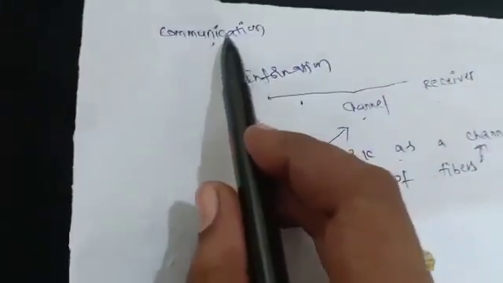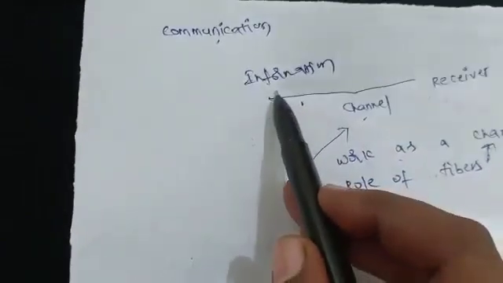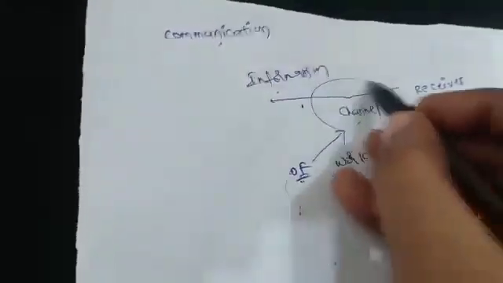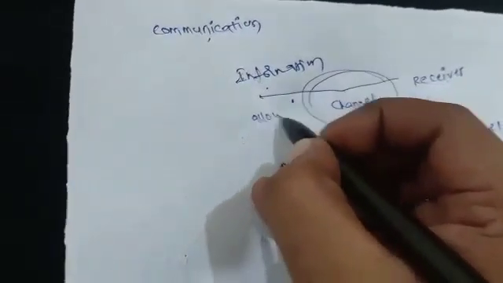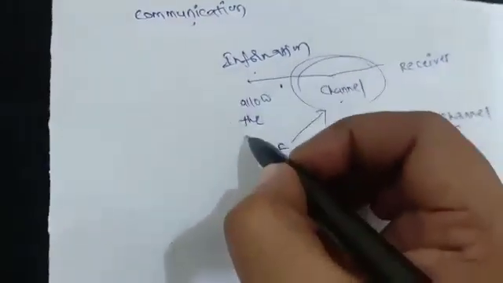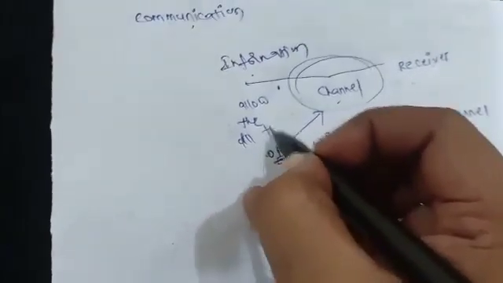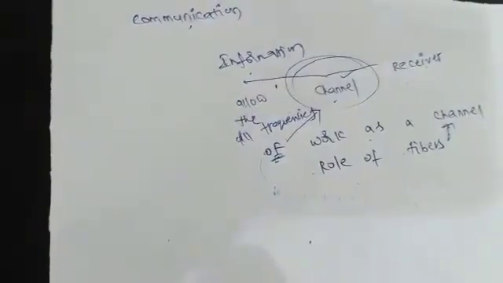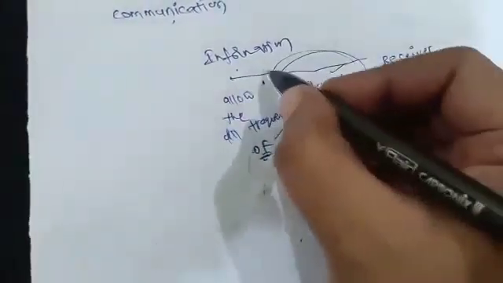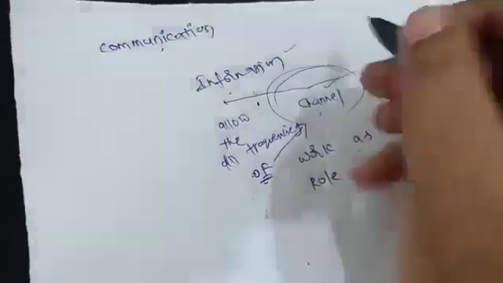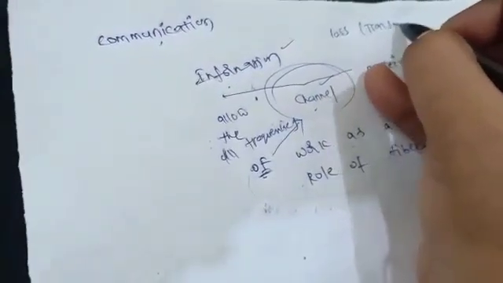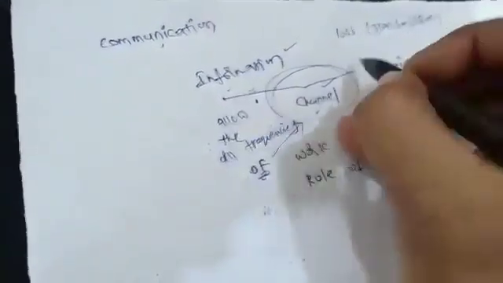In every communication process, when we are sending information from one place to another place, the channel must allow all frequencies. That is one of the main properties of a channel. Next, the transmission loss should be low.